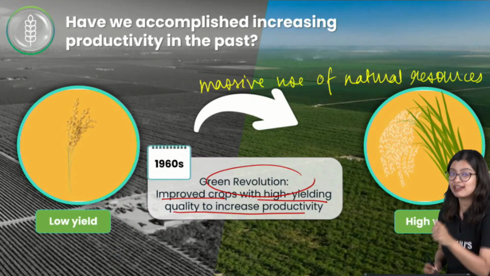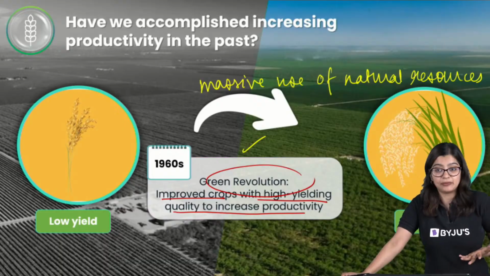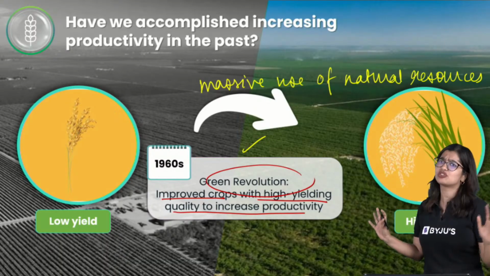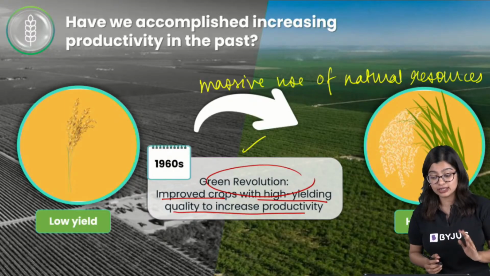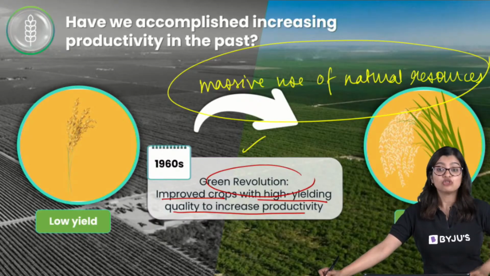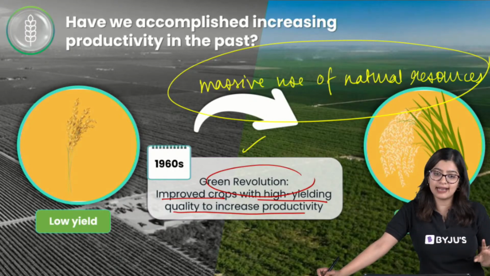Now earlier in those days, they were like, yay, we can do this. We can see that the green revolution is possible. With the advent of the green revolution, we saw that agriculture was happening. We were able to meet the demand for food. But what happened? We saw that it was consuming way too many natural resources. So because it was taking so many natural resources, in the long run, is this advisable?